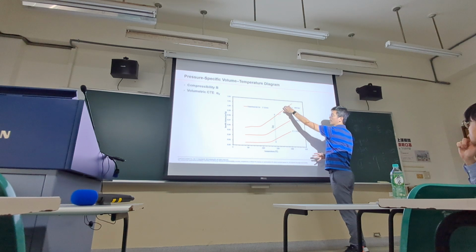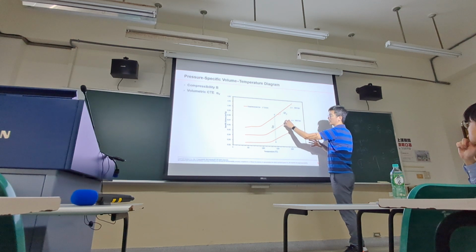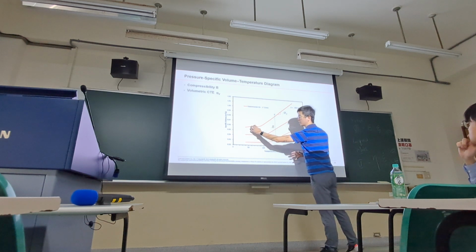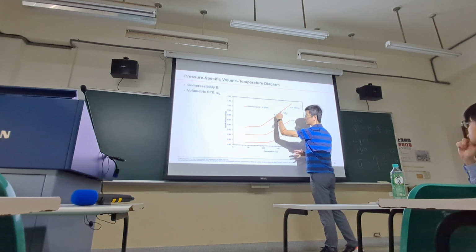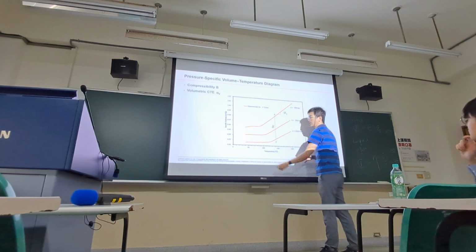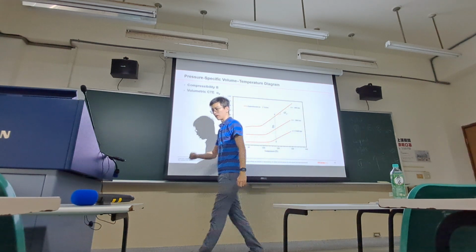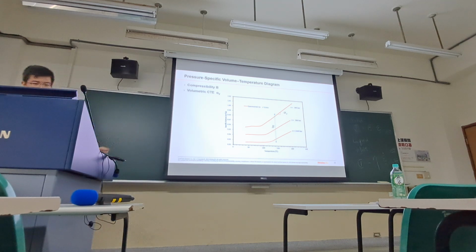And if we use pressure to compress, then cool down and inject the part, the volume always changes. So the PVT diagram is also very important for us to input to the software.